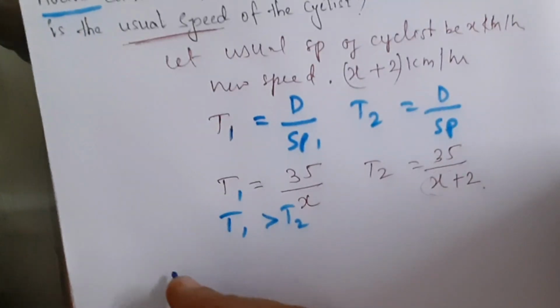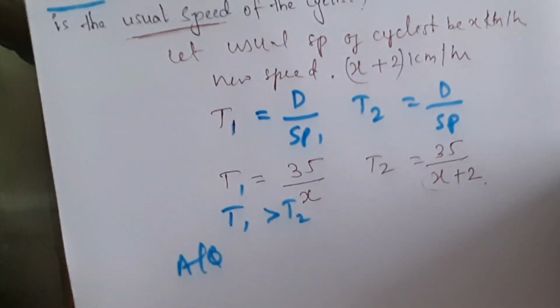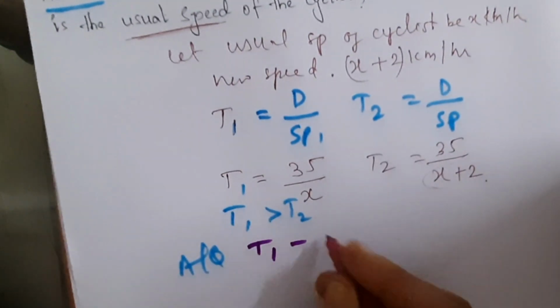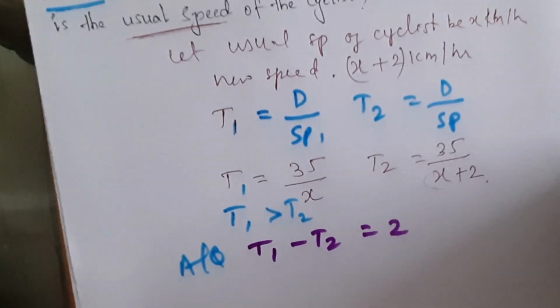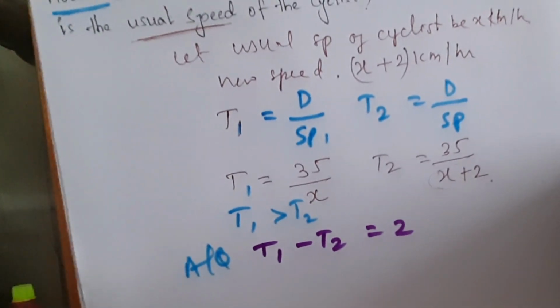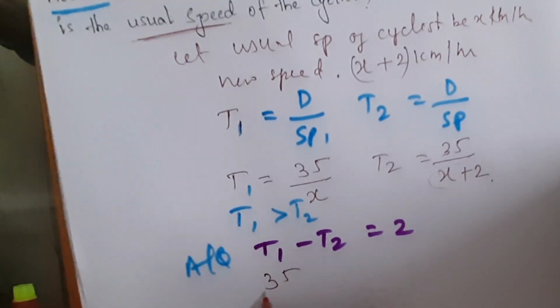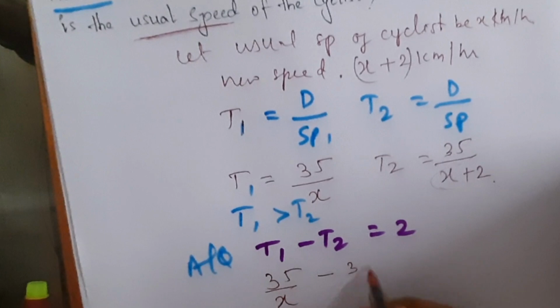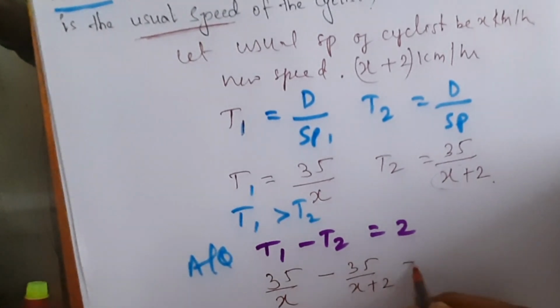As per the condition in the question, T1 minus T2 will be 2, since he reaches the destination 2 hours earlier. So now T1 minus T2 is 35 upon x minus 35 upon x plus 2 is equal to 2.